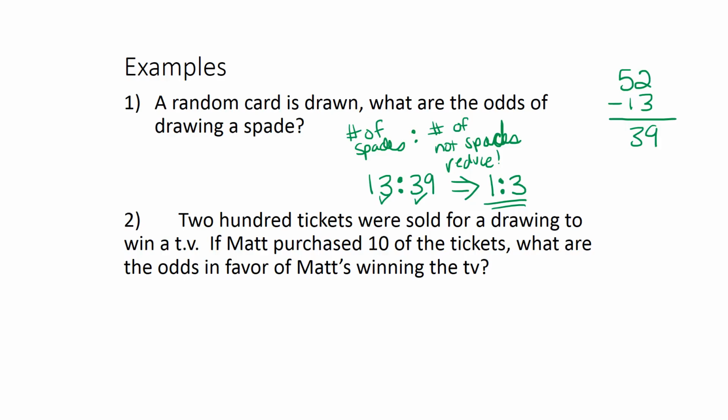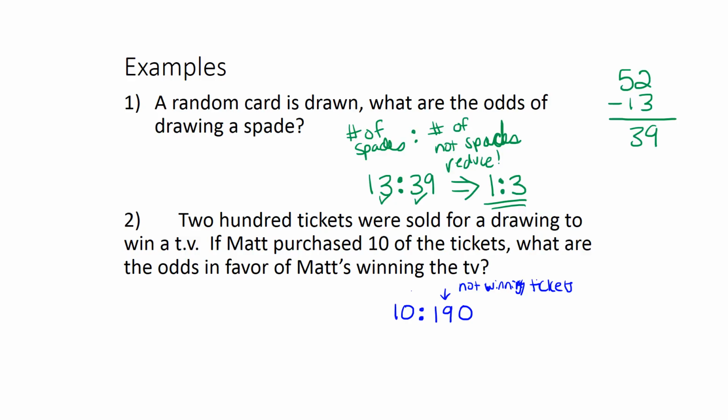200 tickets were sold for a drawing to win a TV. If Matt purchased 10 of the tickets, what are the odds in favor of Matt's winning the TV? So the number of winning tickets colon not winning. There's a total of 200 tickets. 10 of them are winning tickets for him, there's 190 that are not winning tickets.